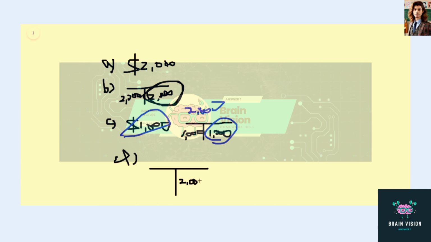On the right hand side, the deposit is what it used to be in question B, but the reserve ratio now is only 10%. So 10% of 2,000 is 200, and the loan it can lend out to other people is 1,800.